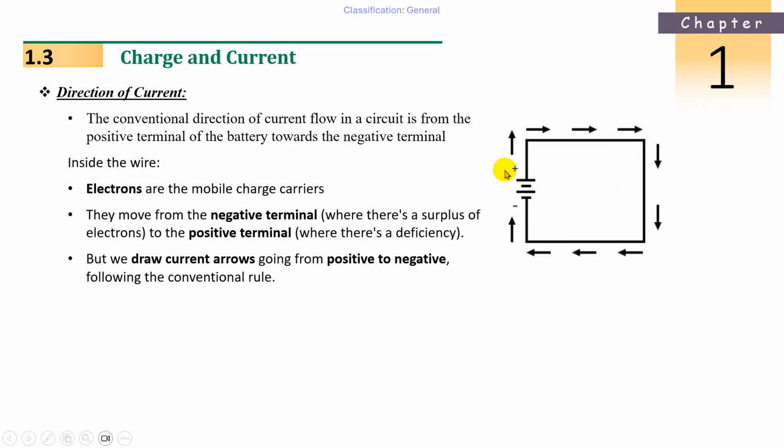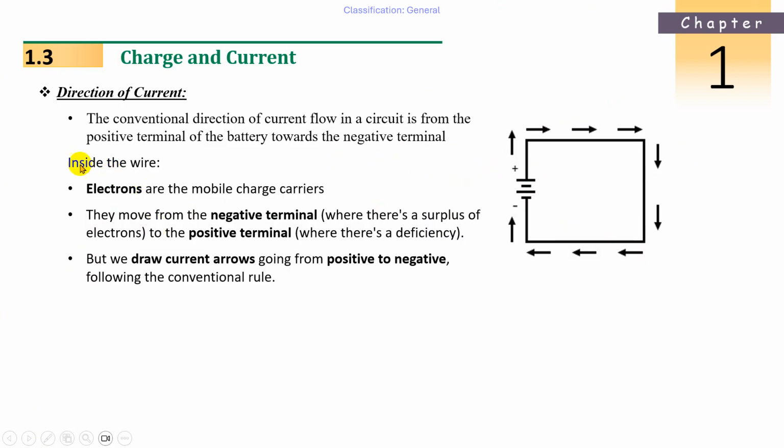Like this, plus and minus is the battery. The conventional current outside the wire is what we denote, what we write. But what exactly happens inside the conductor is that the electrons move from the negative terminal to the positive terminal inside the wire.